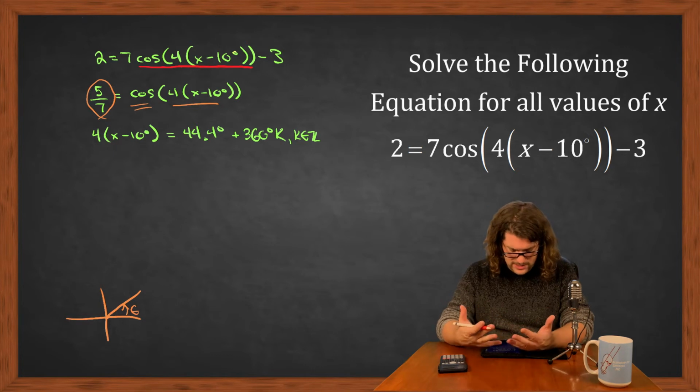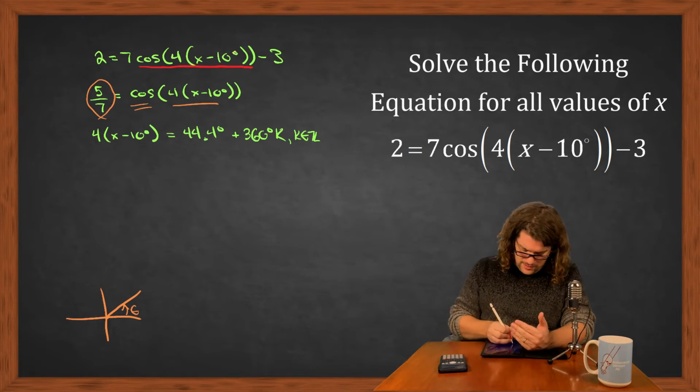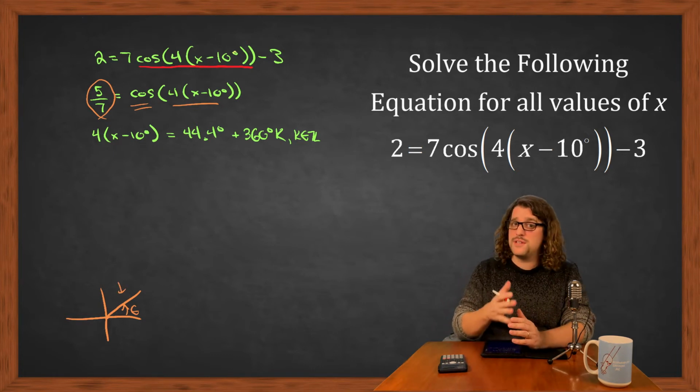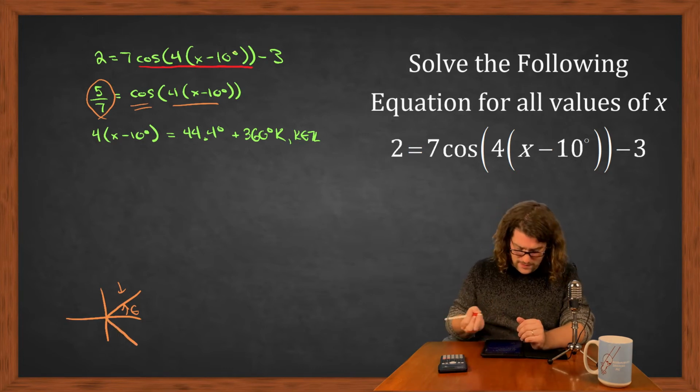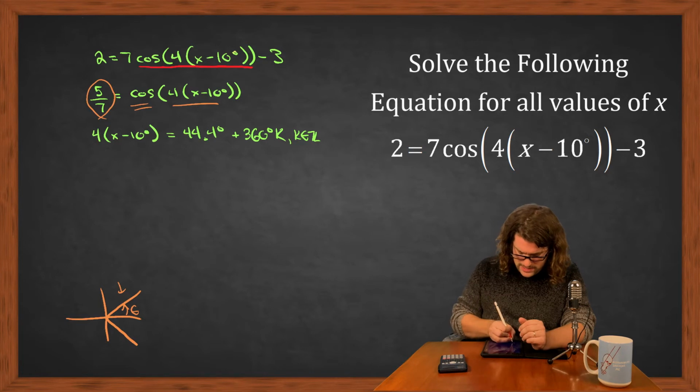So that makes sense that we have an angle in this quadrant because my cosine values, x values, are positive there. The other place where I'll have positive x values would be in quadrant 4, so I'm going to be down here.